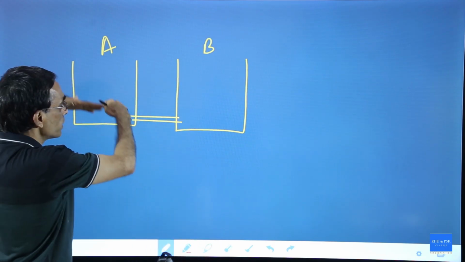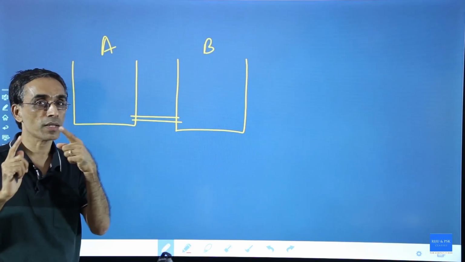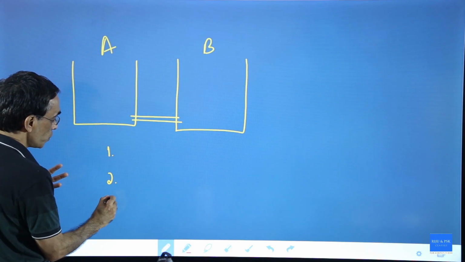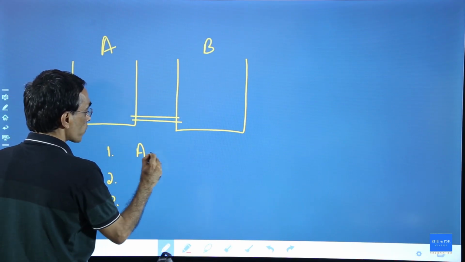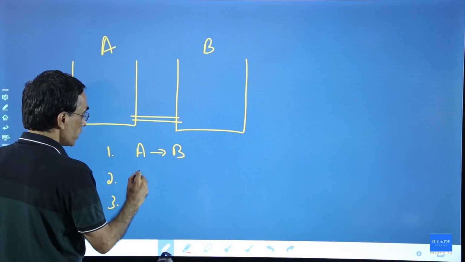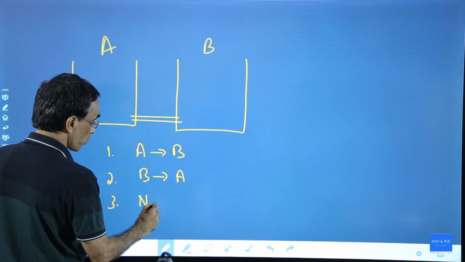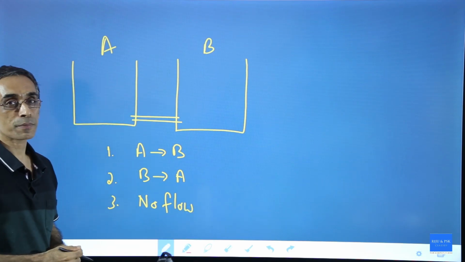There is water on this side, there is water, but I did not tell you about the height. So, what are the answers? I will say there are 3 answers, 1, 2, 3. Guess. It can go from A to B. It can go from B to A. It need not flow. There is no flow.